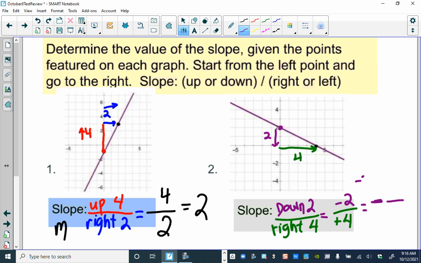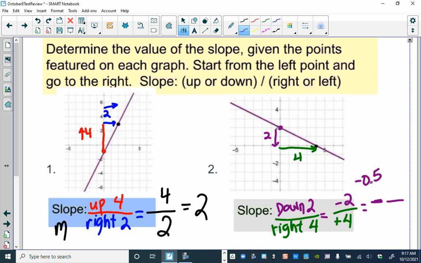But what would be... So if we thought 0.5, regardless if it's positive or negative, what would be the smallest fraction? Like, smallest numbers, fraction-wise? 0.5. Huh? 1 over 2.